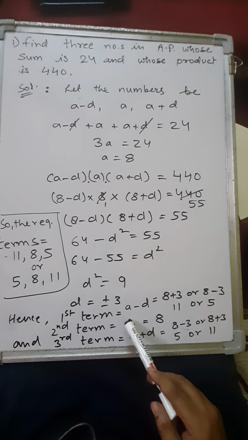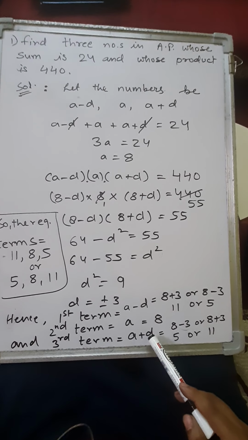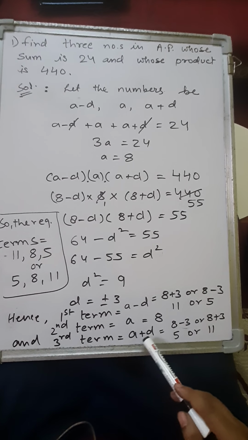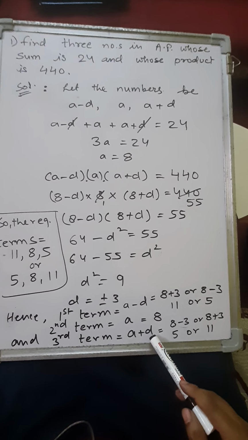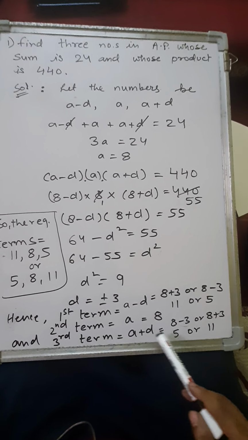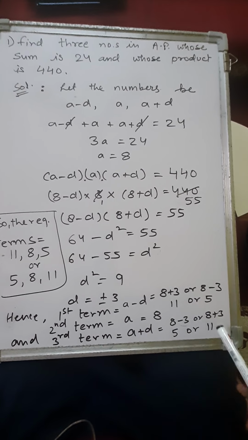The second term is A, which is 8. The third term is again A plus D. The value of D is plus or minus 3. So when we put minus 3 in this term, it will be 8 minus 3, which is 5. And when we put plus 3, 8 plus 3 will be 11.